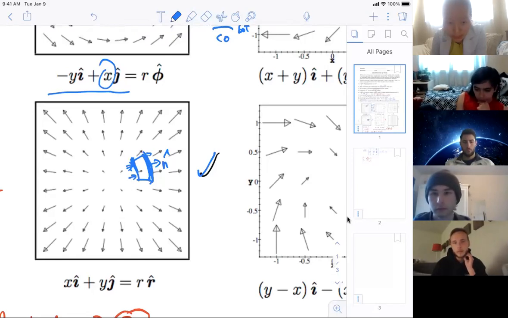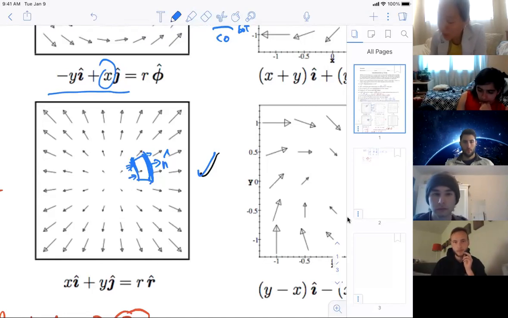And more importantly, it's divergent, but we talked about for a point charge, actually, it will be zero divergence anywhere except the origin. But this one is different from that, it is also increasing in magnitude as you go away.